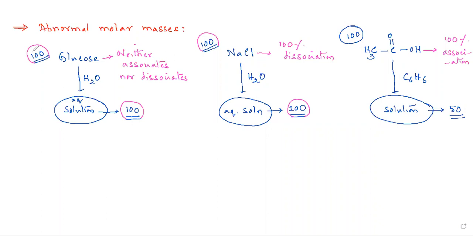No association, no dissociation: the number of particles remains the same. If there is dissociation to an extent of 100%, or it may be something else, but for now let us consider it as 100% dissociation, which will result in double the number of particles. If 100% association is considered, the number of particles is halved.